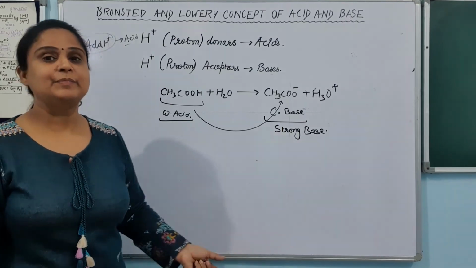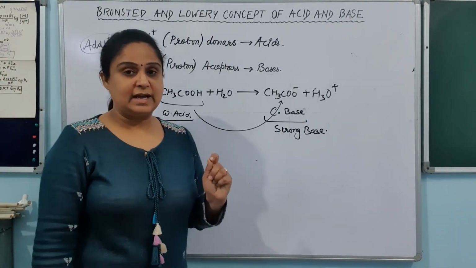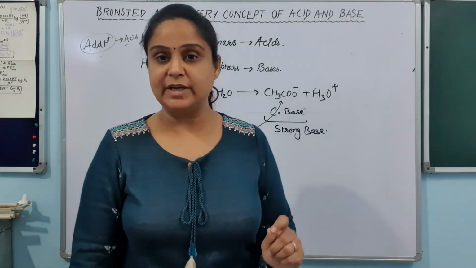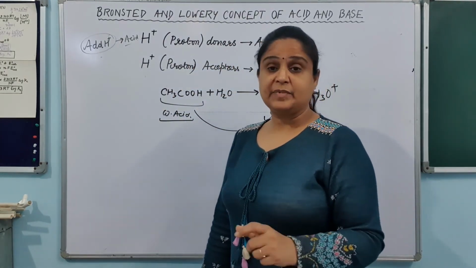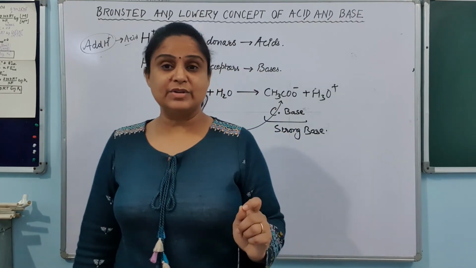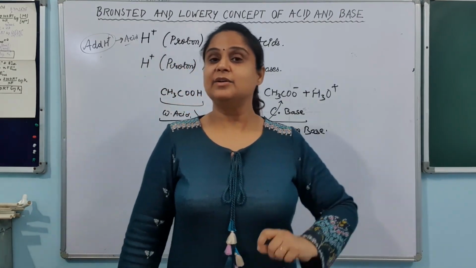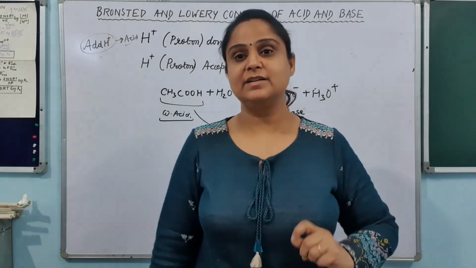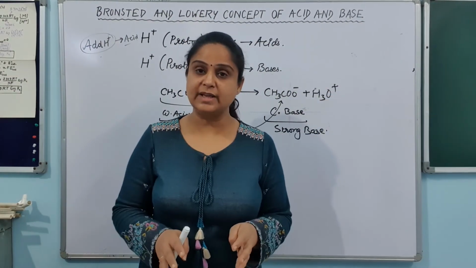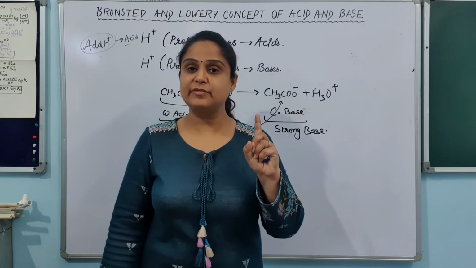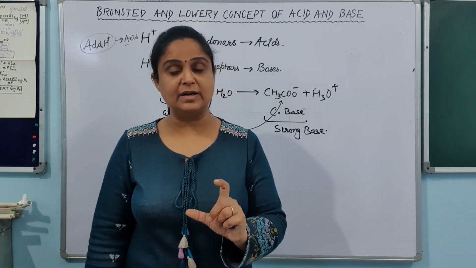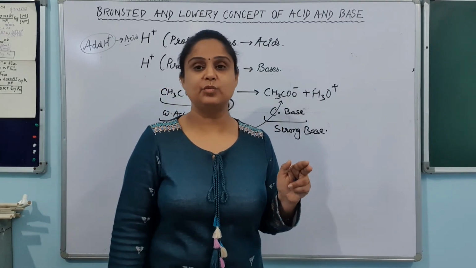So do remember, strong acid का conjugate base weak, weak acid का conjugate base strong, strong base का conjugate acid weak, weak base का conjugate acid strong. So in short, I can say that in conjugate acid and base pairs, if one of the part is a strong part, तो another one will be the weak part.